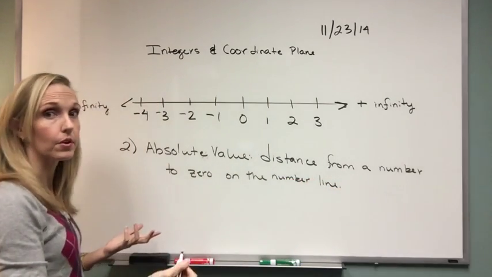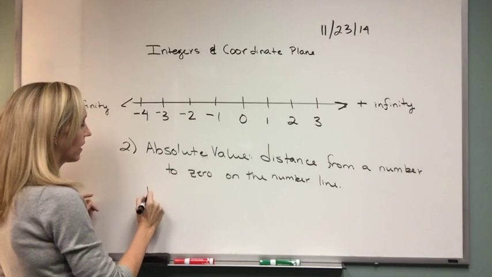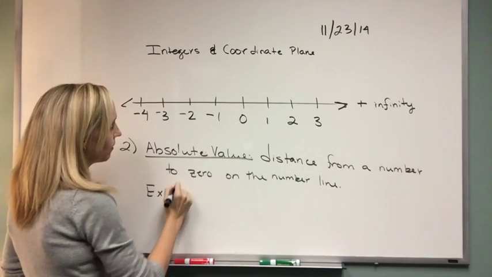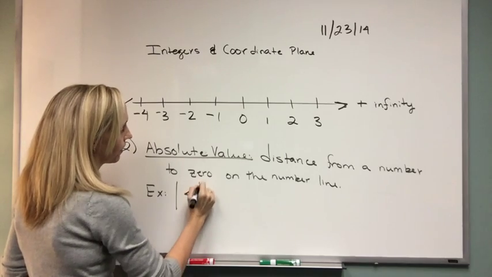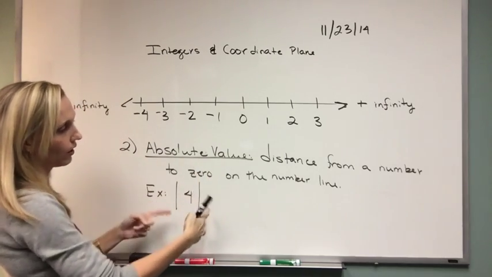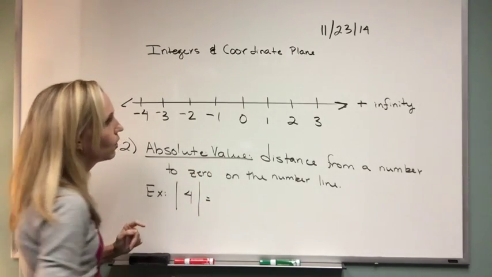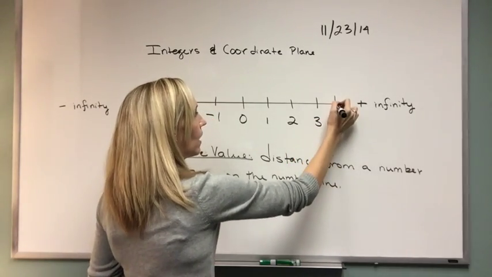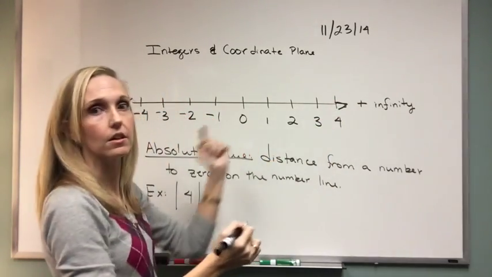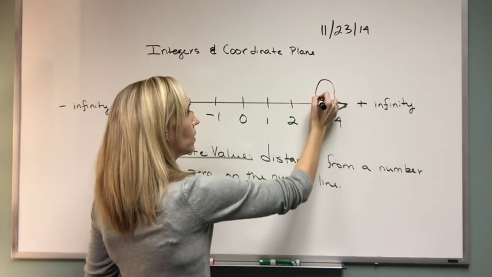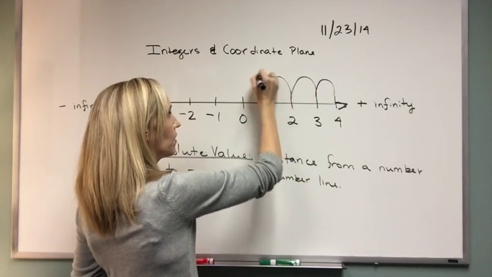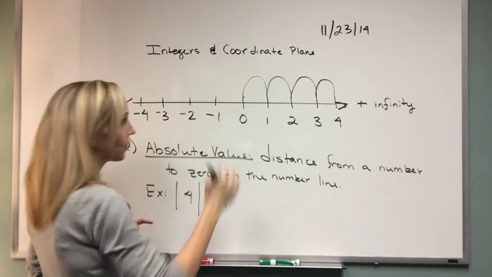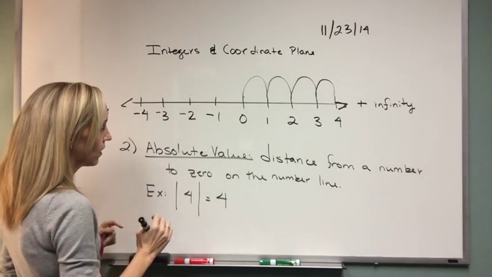So, for example, and this is what we use as our absolute value notation. We want to know the absolute value of 4. And we do these long bars. That denotes absolute value. Well, we go up to our number line, and to get from 4 to 0, I skip over 1, 2, 3, 4. So the absolute value of 4 is 4, because that's the distance.